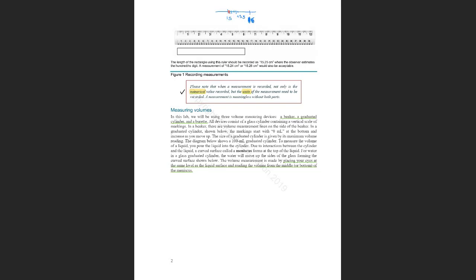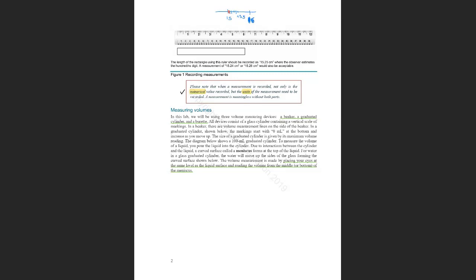Awesome. So you're right. So when we have to decide how are we going to report a measurement, we are using this ruler and we have to measure this rectangle.